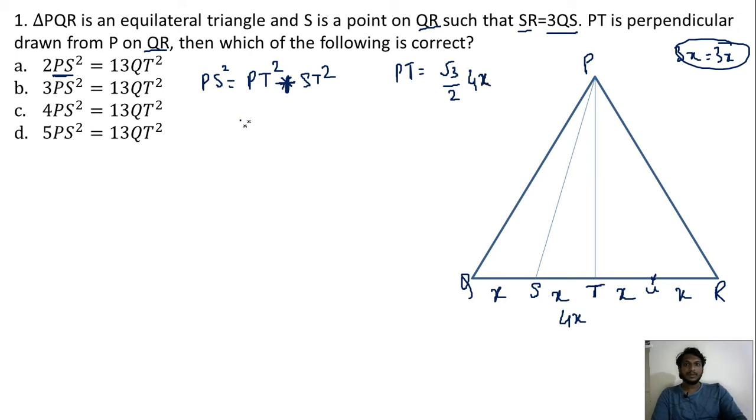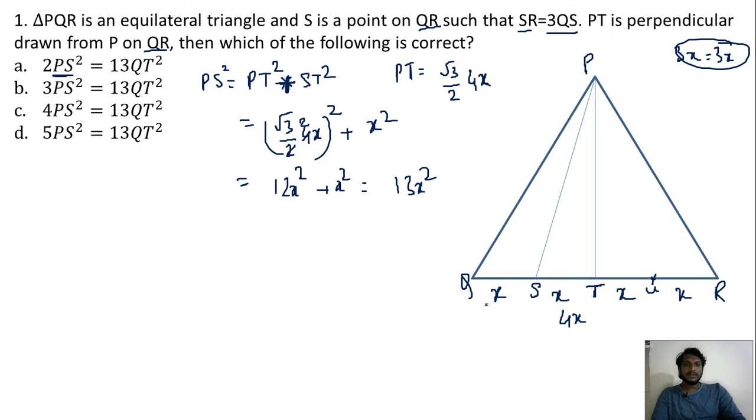Now PT square is root 3 by 2 into 4x whole square, plus ST is x, so x square. If you solve this, 2 root 3 square is 4 into 3, that is 12x square, plus x square, we get 13x square.